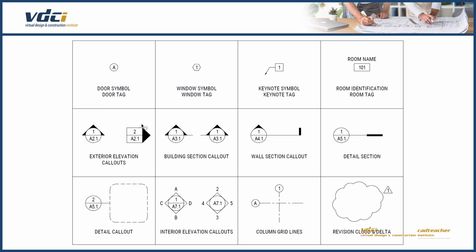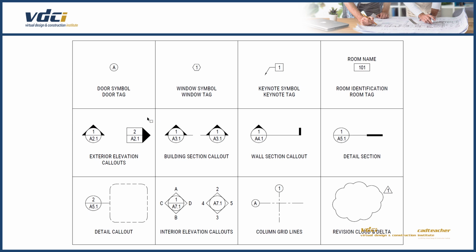Another example would be if I had an elevation being built over here, I would have the number 2 over an A2.1, meaning if you want to see the building elevation that's over here to the right, and you can see the big arrow pointing to the right, go look on page A2.1 at image 2.